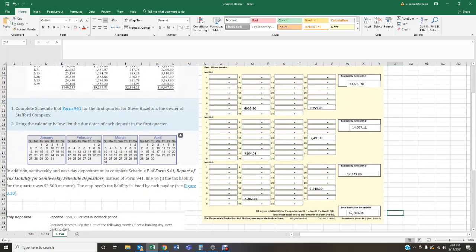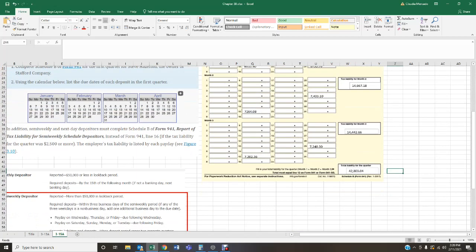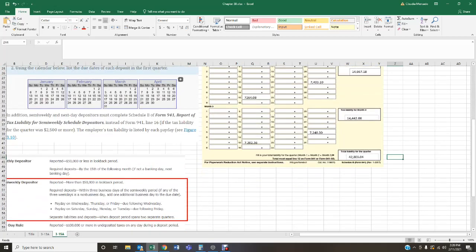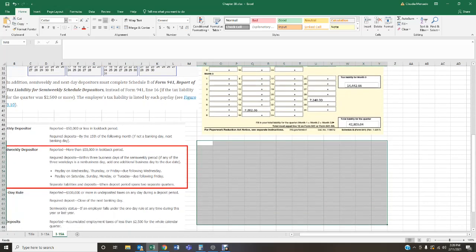Now, it says here, using the calendar below, list the due dates of each deposit in the first quarter. So they're asking us, when should we make these deposits? Let me mark it down right here, and make them a little bit bigger.